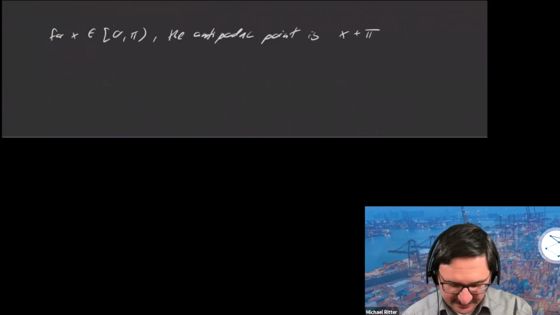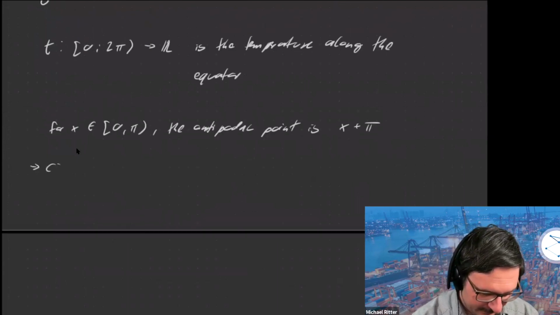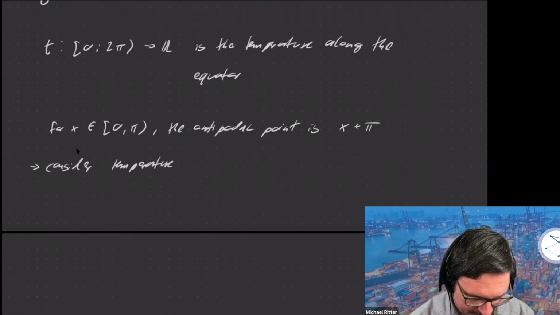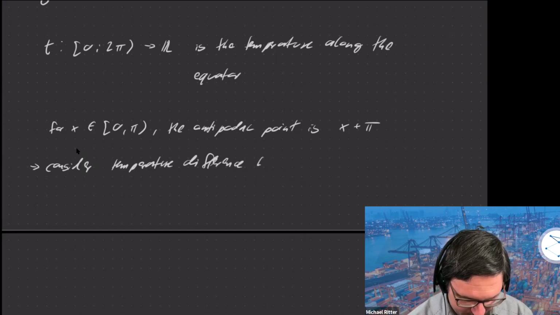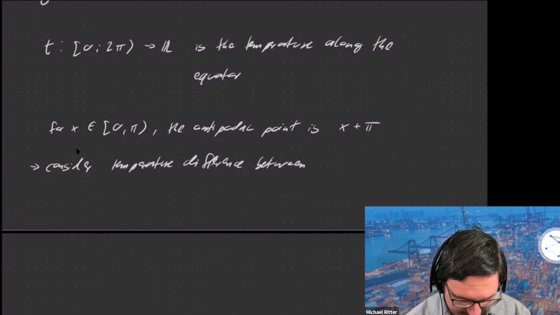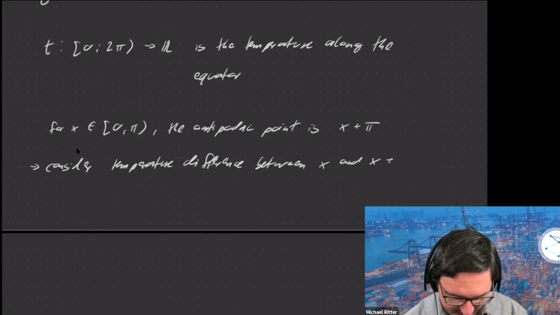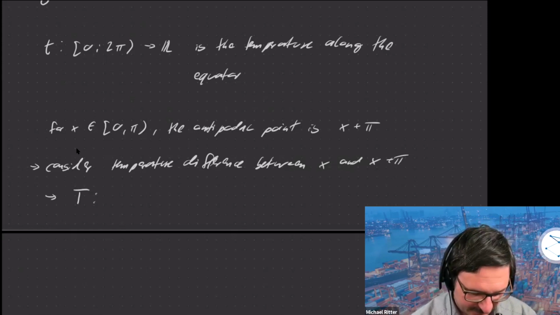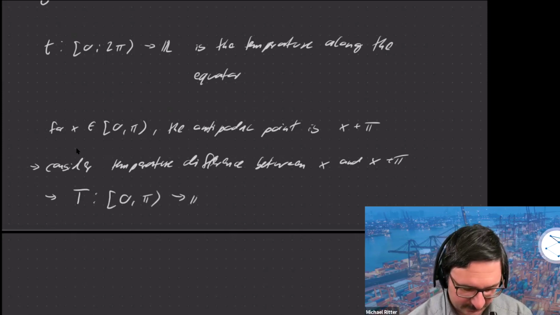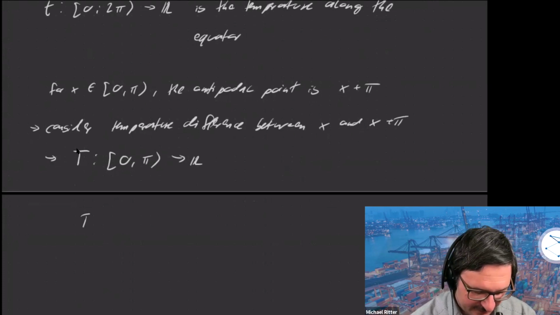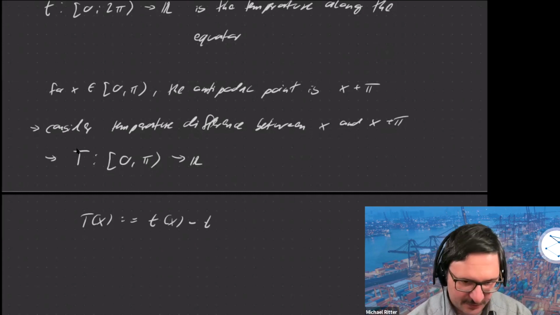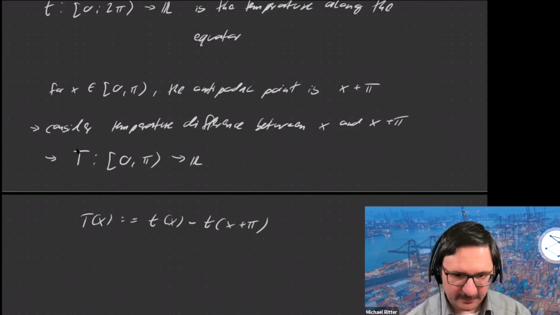And now we can define the temperature difference between x and the antipodal point x plus pi. So we define a function, let's call it capital T, that is defined on 0 to pi to R. And the definition of this function is T of x is defined as the temperature at the point x minus the temperature at the antipodal point x plus pi.